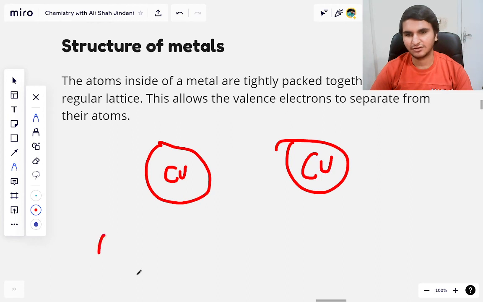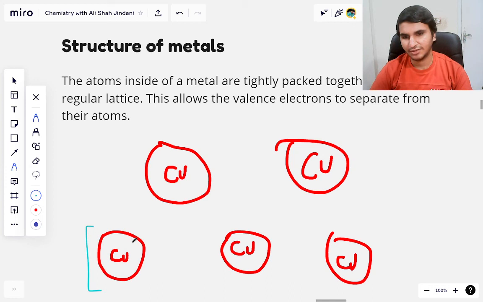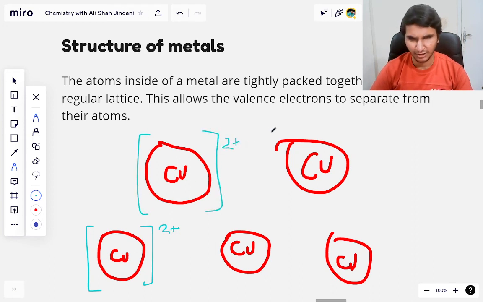So we have a lot of copper atoms, and what we do here is take these atoms and make ions out of them. We are giving each of these a charge. You should know that copper can lose 2 electrons from the outer shell. So all of them have this 2 plus charge.